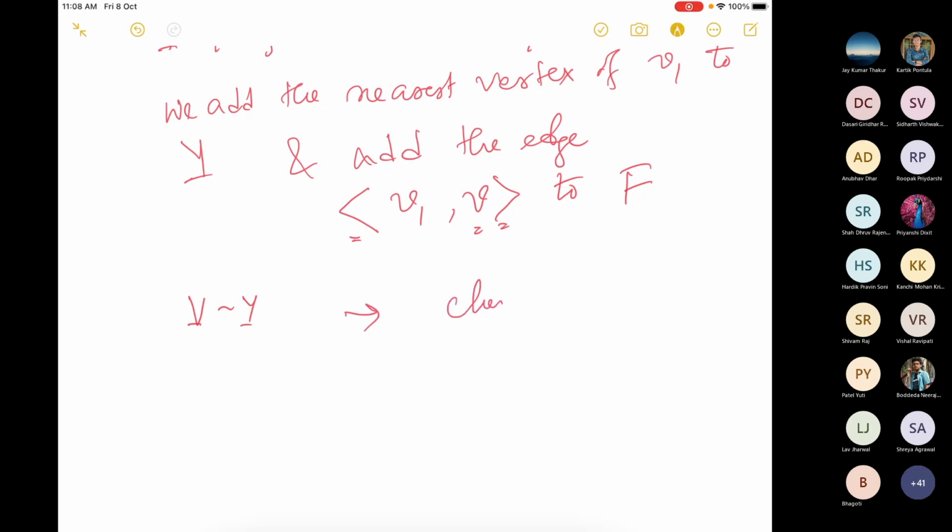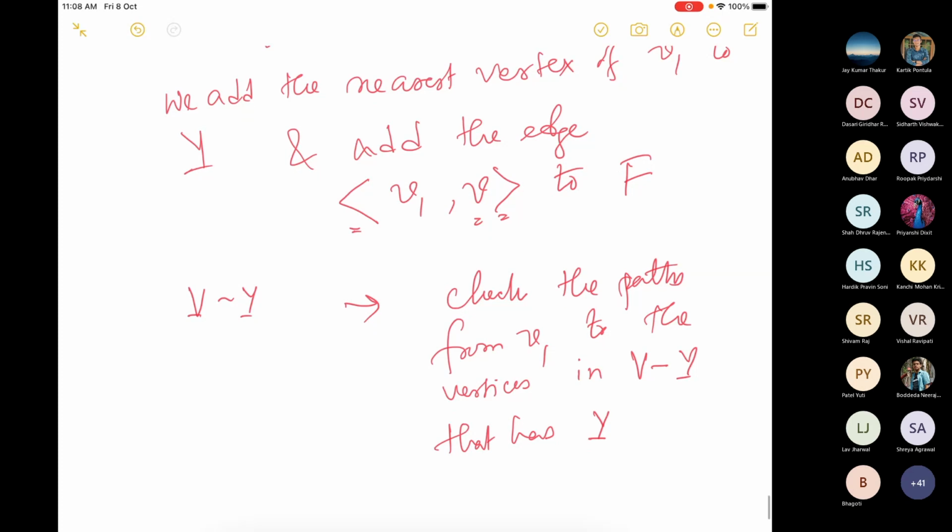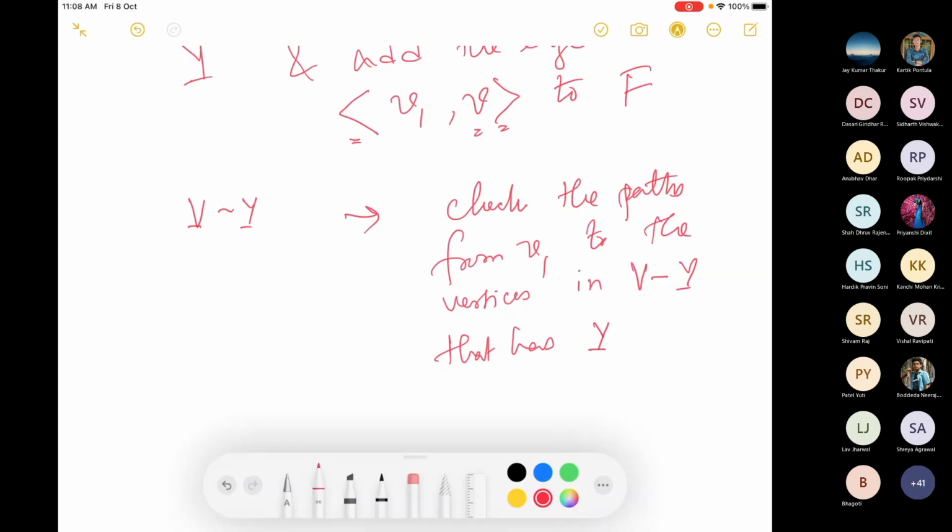We check the paths from V1 to the vertices in V minus Y that have the vertices in Y as intermediates only.